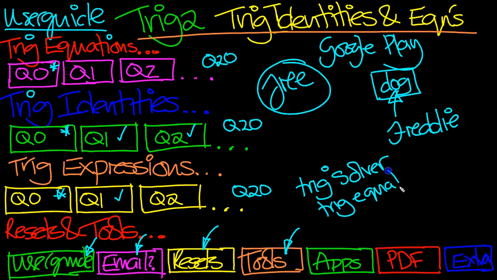So if you type in a trig equation that you want to solve, you can find the solution there. It provides a general solution, and I've also got another little tool which is a trig equation solver within a range. So say you go from 0 to 2 pi and you want to find the solutions in that range, there's a little widget tool for that as well. So there's 3 quite handy little tools here.